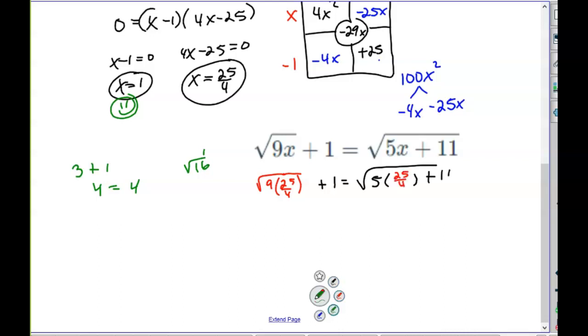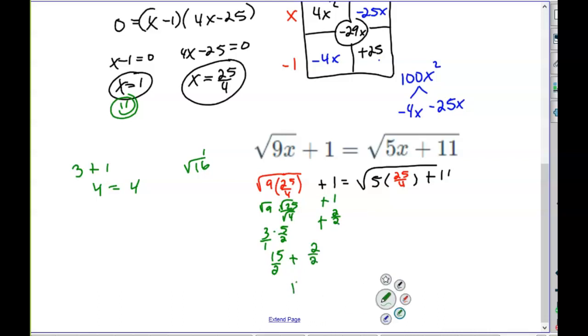One of the tricks is if I just take the square root of everything individually, that would be 3 times 5 halves, which is 15 halves, plus 1. But if I drop this 1 down, I might call it 2 over 2. And the reason why is because then I can add my fractions together. And again, you can use your calculator. You don't need to do all this by hand. Right? And then this one doesn't work as well.